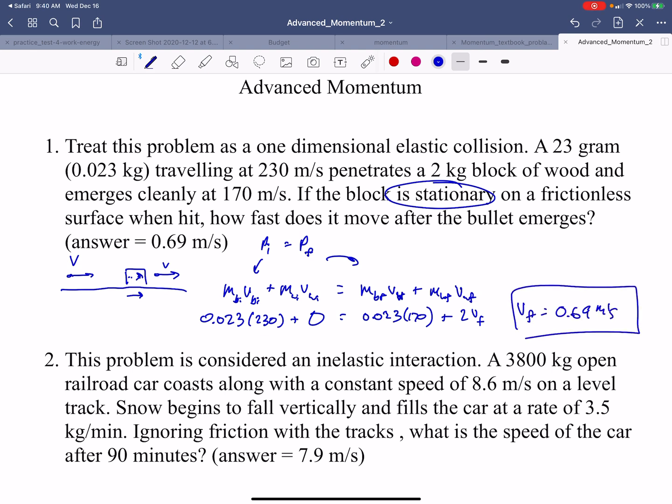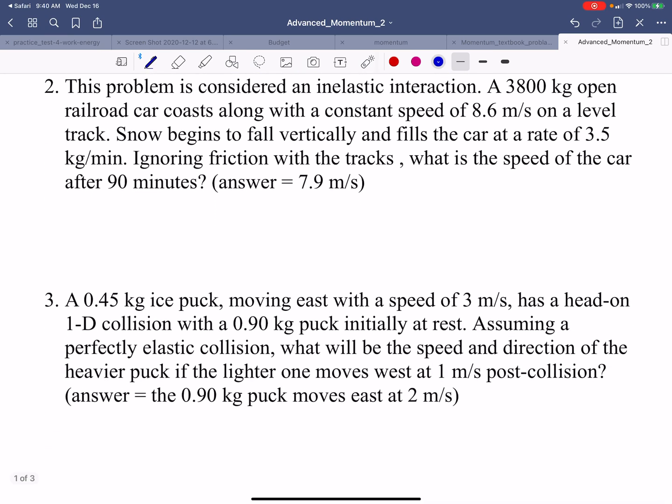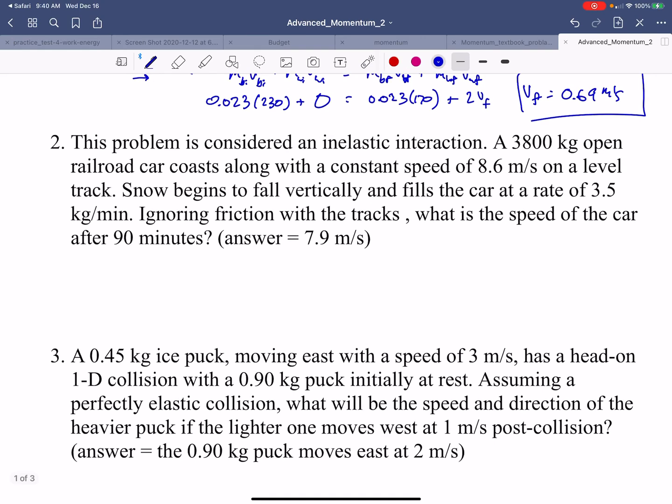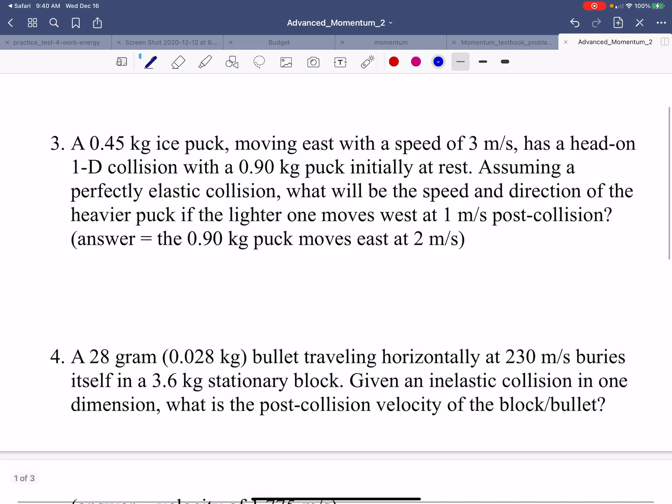Okay. So that's how we would do a basic conservation of momentum problem with an elastic collision. Let's jump down and find a fun inelastic collision. Let's do something simpler, since this is an introductory video.